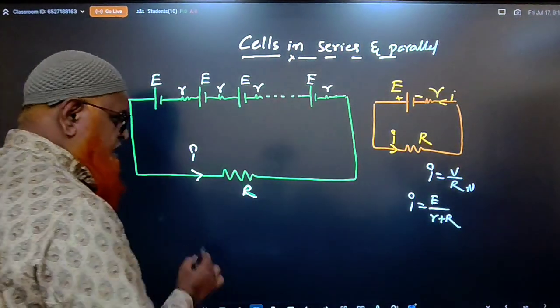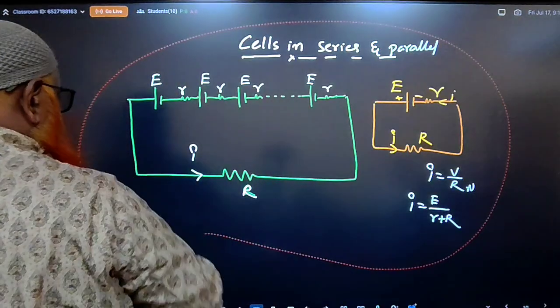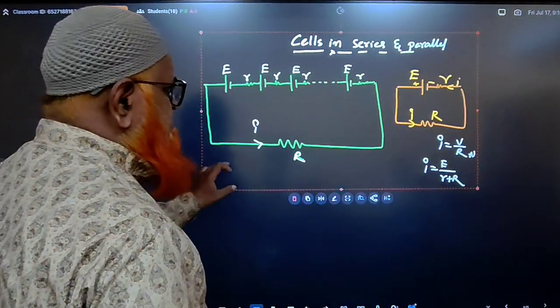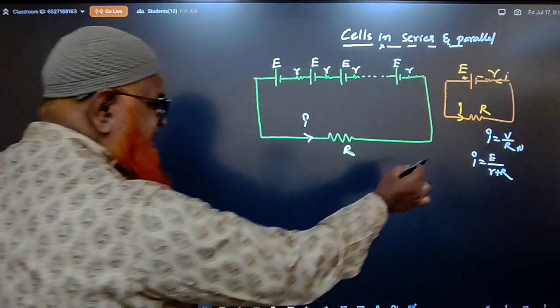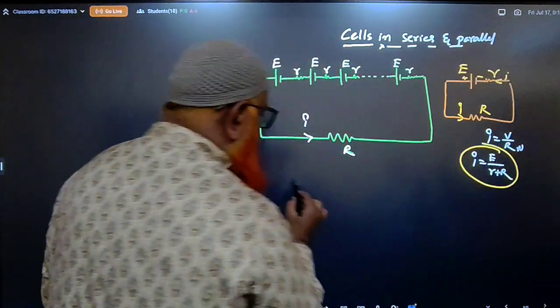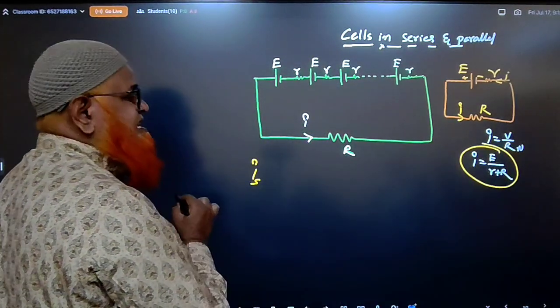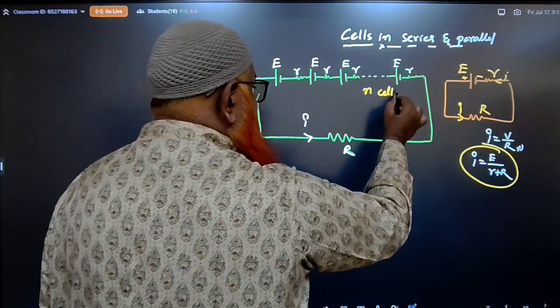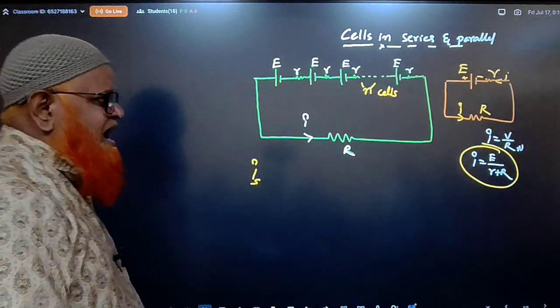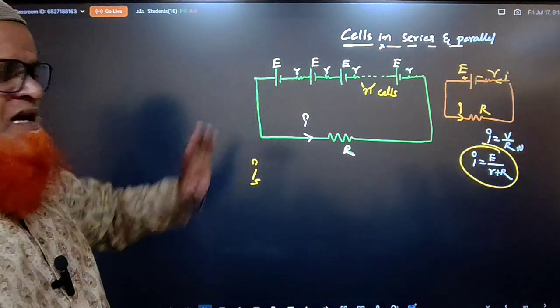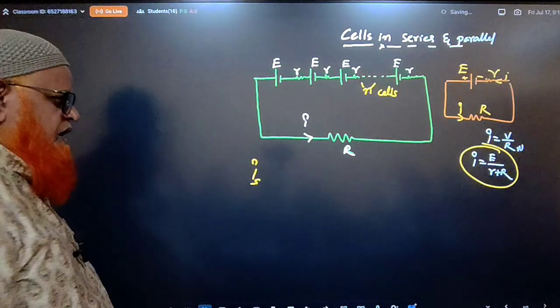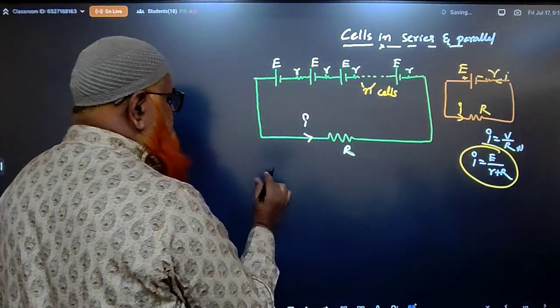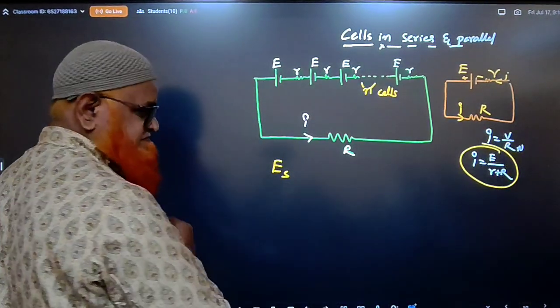For this, we use the same logic as for the simple circuit, with the formula written here. So here also, in series connection, N cells are connected in series, each having internal resistance r. First of all, find out E series.